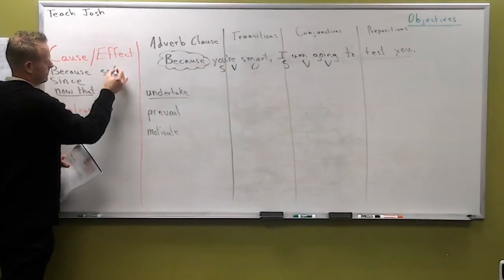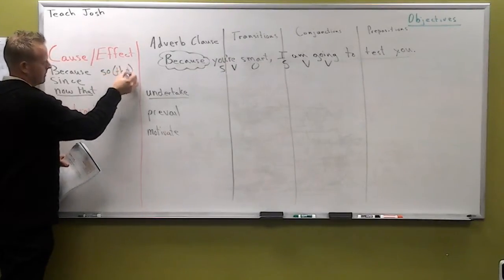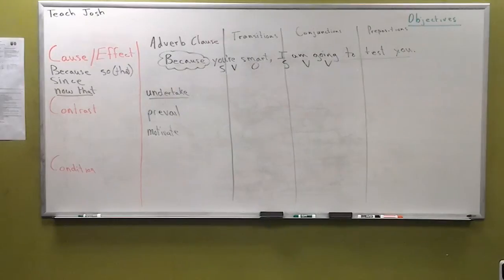So that. You can try plugging that one in. Ahmed, what do you think it means if I put that there? So that you are smart, I'm going to test you. See, it's like I'm trying to make you something, right? So that you're smart, I'm going to test you. It's a little awkward in that sentence. Can someone think of a better sentence?